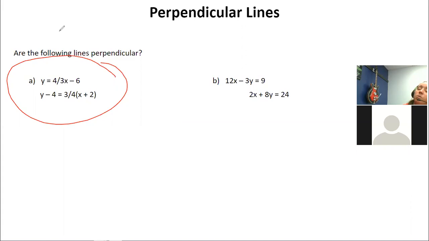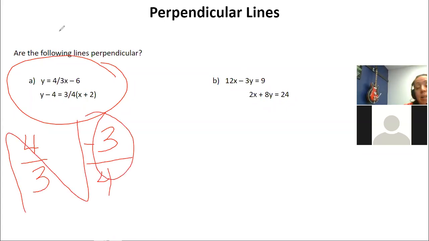Malachi says no. What's our reasoning behind that? It's switched, but still positive. Yeah. In order to be perpendicular, one would have to be 4/3 and the other would have to be -3/4. So this one's a no, not perpendicular.